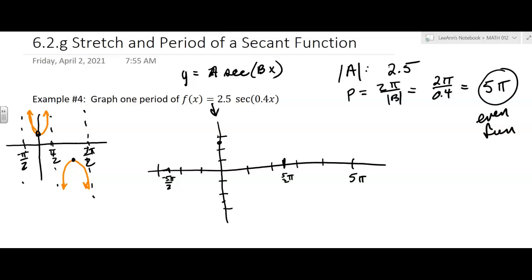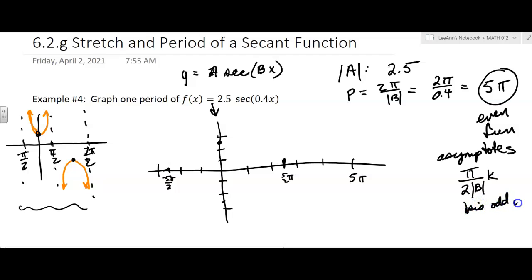Now, remember, though, what this looked like when we were doing it. We could use the information we had about asymptotes. So, we haven't really done that before. But the asymptotes were at pi over 2b times k, where k is an odd integer.